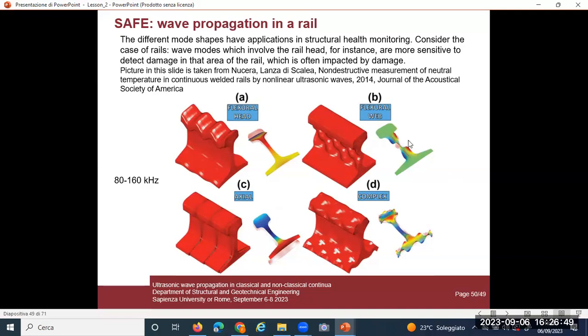This other one, instead, is more sensitive to damage in the connection between head and foot. So it's just according to what your need is, you've got to choose the mode which is more sensitive to the aspect you want to investigate.